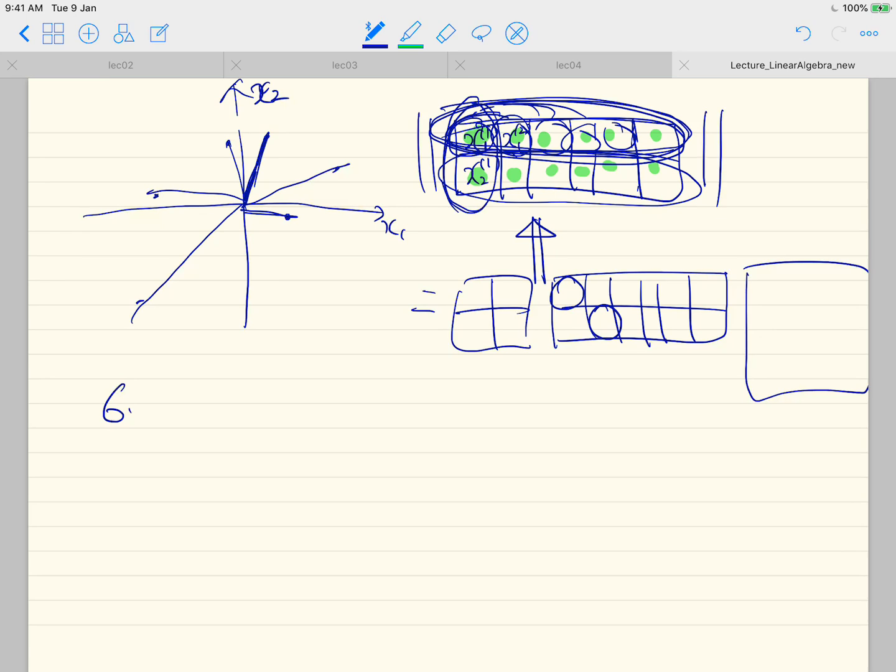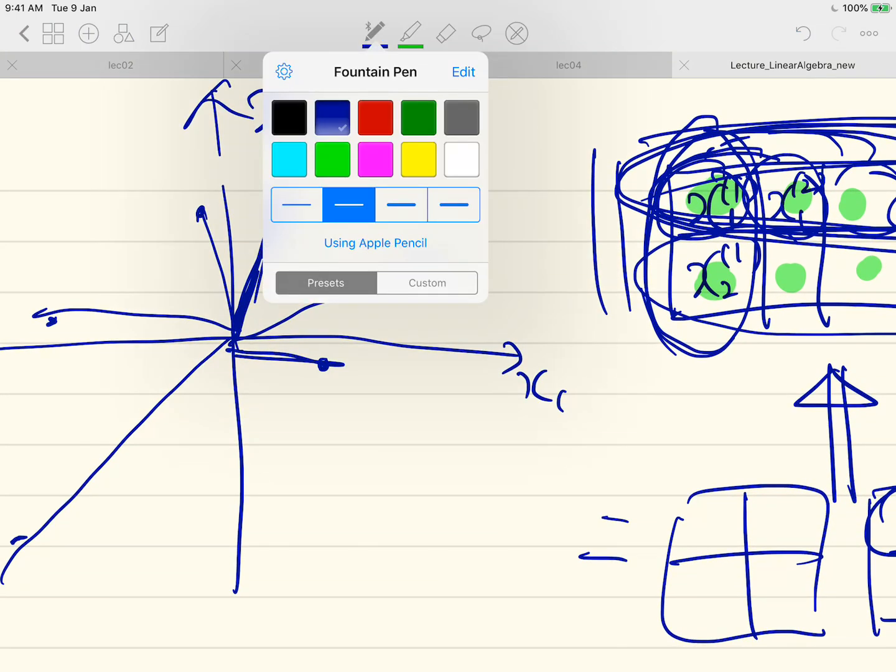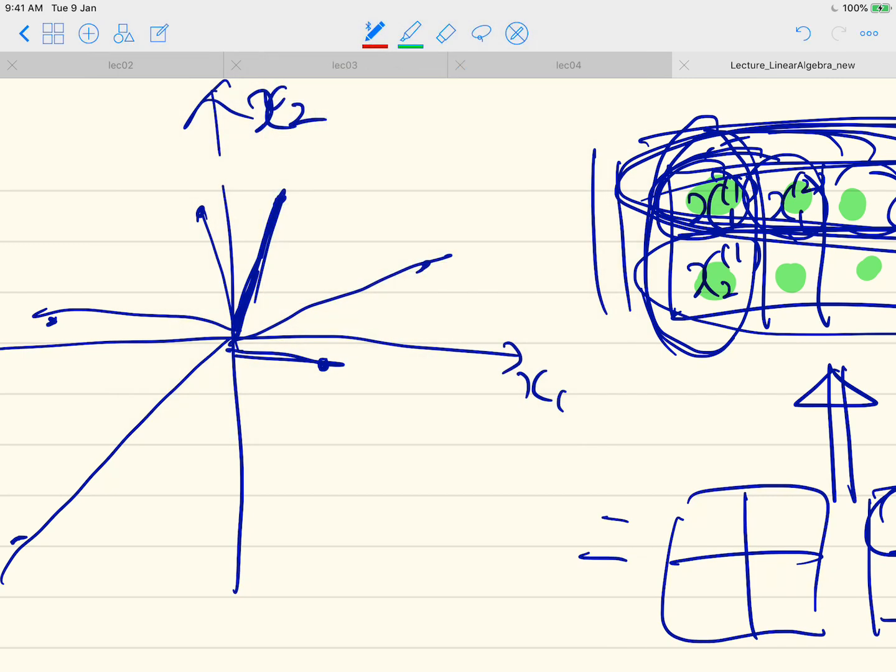And now let's think of a new orthonormal basis. So instead of using the standard basis vectors 1, 0 and 0, 1, this is the new first axis and the second axis. Let's imagine we represent each of these data items' coordinates using the new basis.